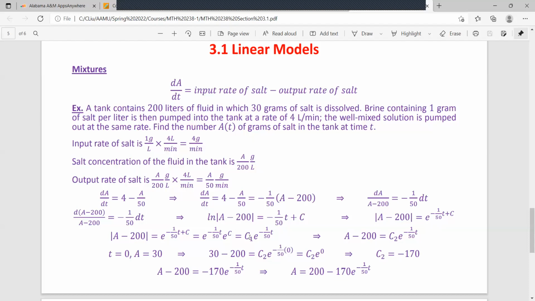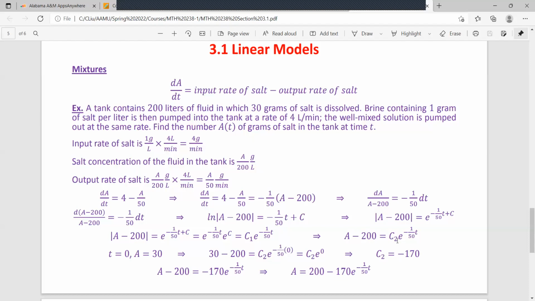So then we can take care of this absolute value sign to write the solution as A minus 200 equals C2 times e to the -1 over 50 t. So C2 can be either positive or negative.